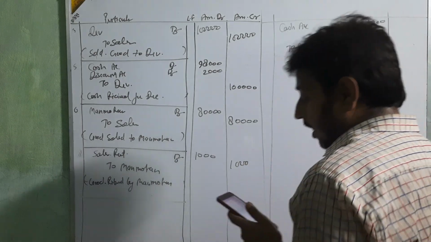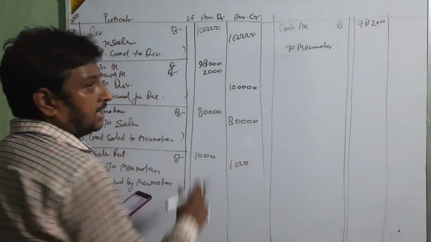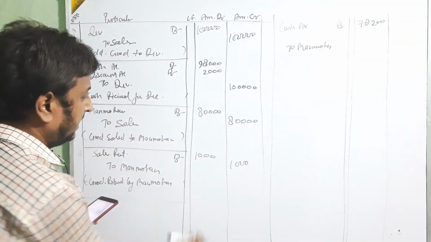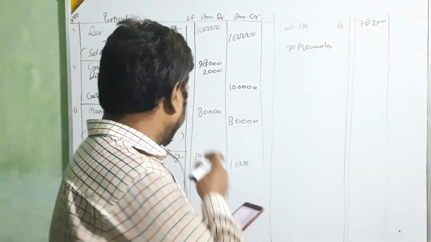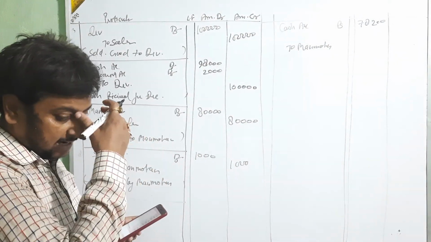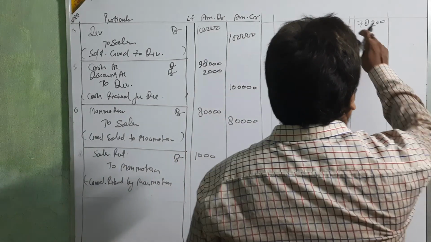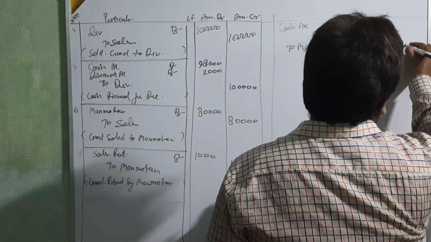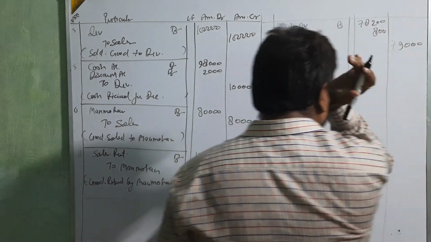Manmohan, you are receiving 78,200. But how much money should you be receiving, beta? You should be receiving 80,000. You sold the goods for 80,000, and 1,000 returned. It means 79,000 needed. But you are receiving only, beta, 78,200.